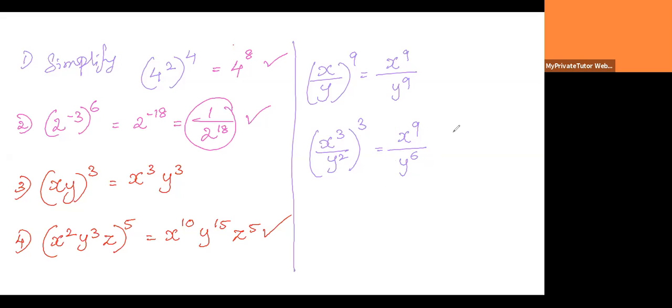Can we use a multiplication division rule here, which is x power m divided by x power n? We can't use it, right? The reason is the bases are not the same. So that's where you need to think. Here x is the base of the numerator and y is the base of the denominator. So we can't use this rule. We can use this rule only if we have the same base. So that's it. This is the final answer. Hope you guys understand.